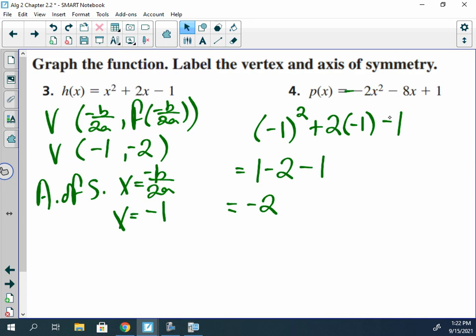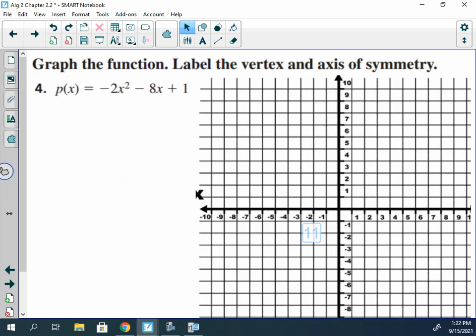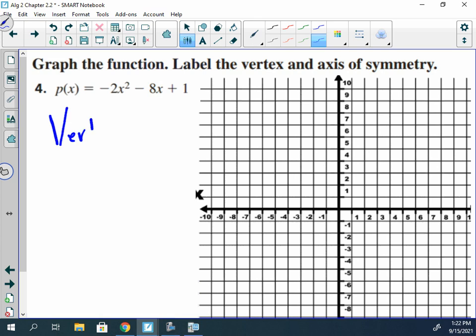Okay. If we're good with this here, let's look at one last one. This is the last one that we'll look at before moving on to the next part. But the vertex is our negative b over 2a, yes? What is our value of b? Negative 8, yes.